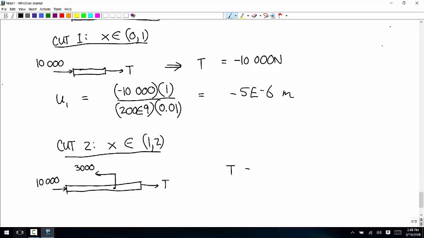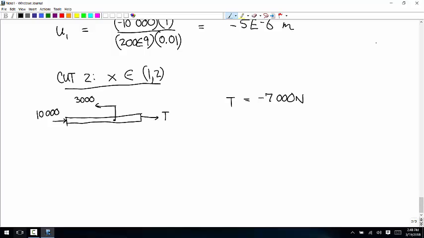And so T is equal to negative 7,000. You don't have to see that. You could write out Newton's second law and just calculate it the way we've been doing. These are like super easy internal loads problems. And then use that to calculate the elongation in the second piece.